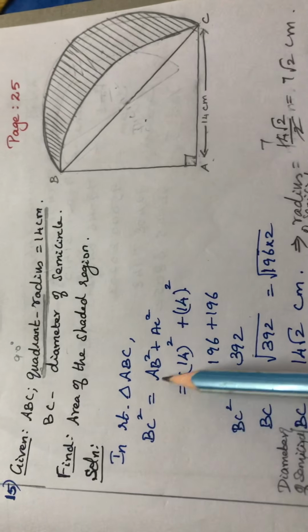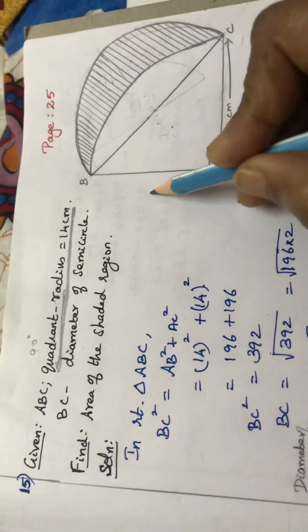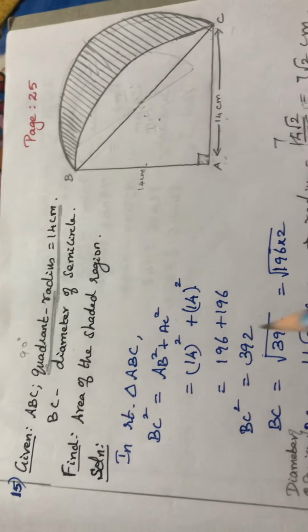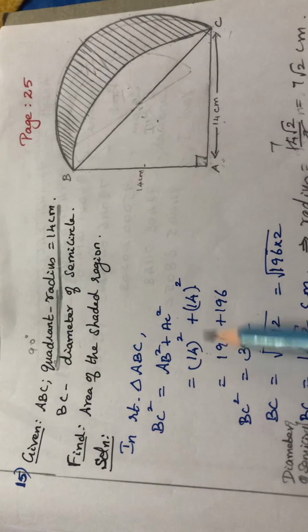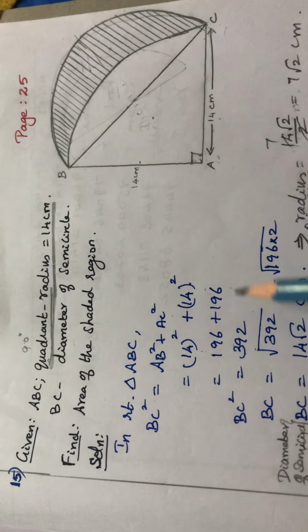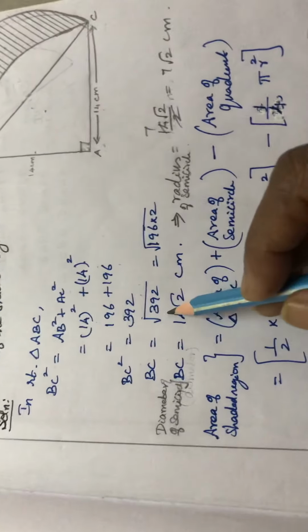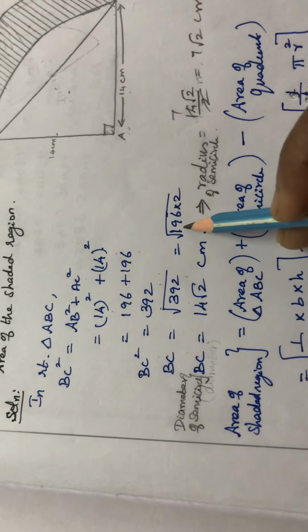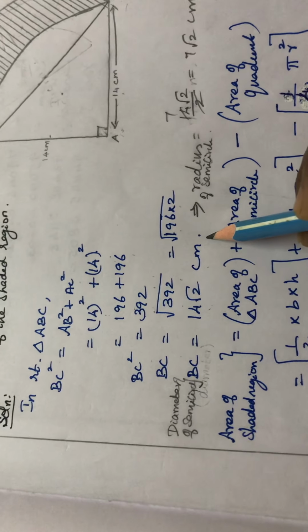So BC square is equal to AB square plus AC square. Since it is a quadrant, 14 is the radius, so this side is also 14. So AB is 14 plus AC 14 square. When I am squaring, 196 plus 196, BC square is equal to 392. BC is equal to square root of 392, which is nothing but 196 into root 2, so 14 root 2 centimeter.